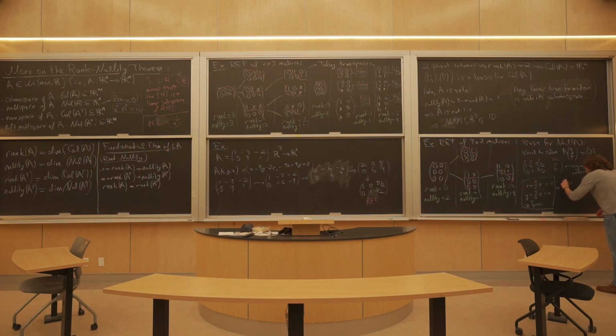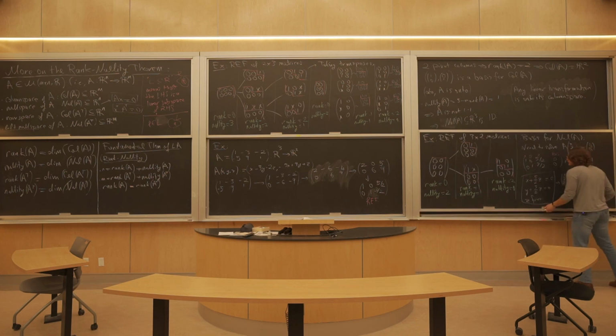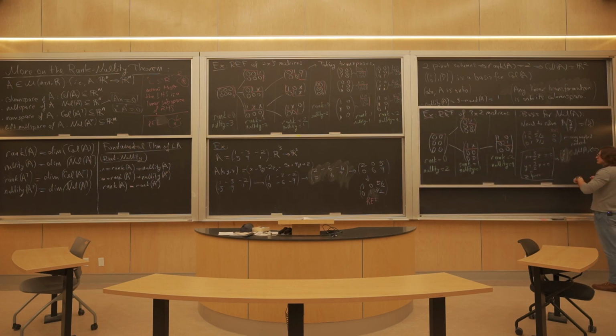Going further, what I can do is this. This vector (x, y, z) is in the null space if and only if it has these relations. So minus 5 over 2 z in the first entry, minus 3 over 2 z in the second entry, and z in the third entry. That is to say, this is nothing but z times a certain vector. z is a number.